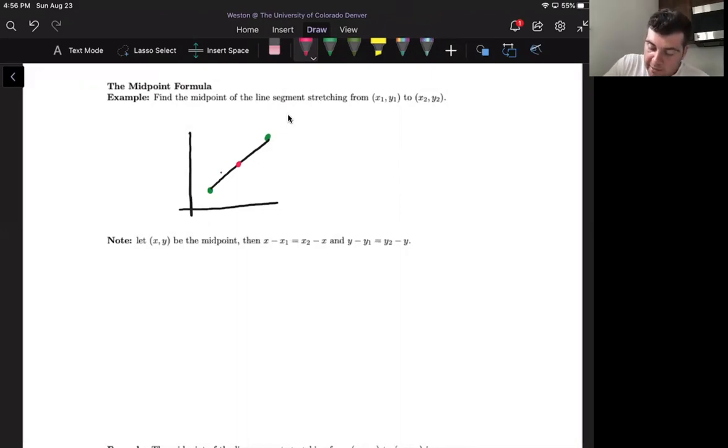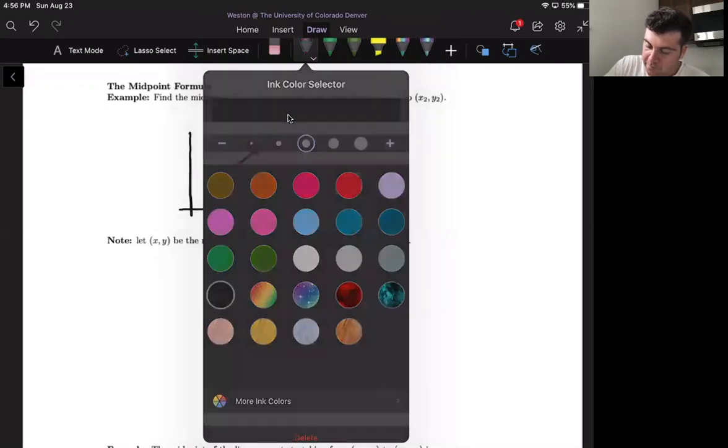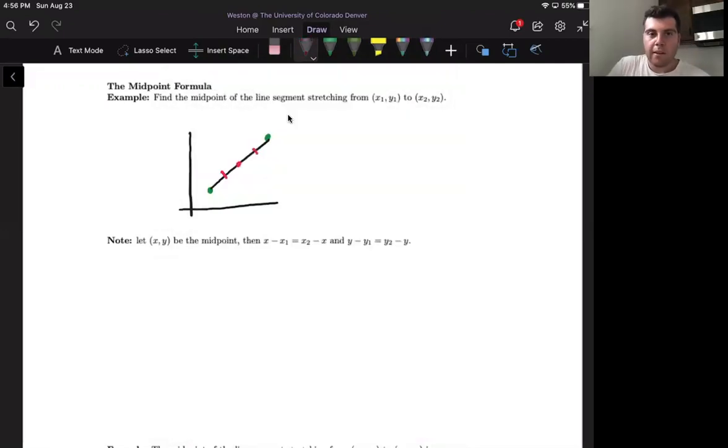So this length is the same as that length. And we can actually derive a formula for explicitly what this point has to be by drawing two triangles in our picture.